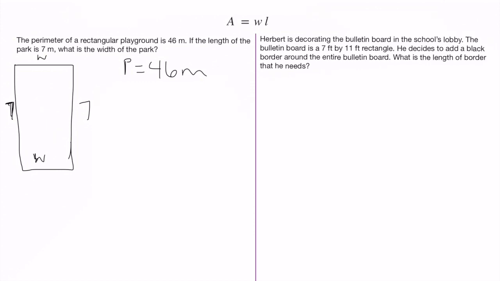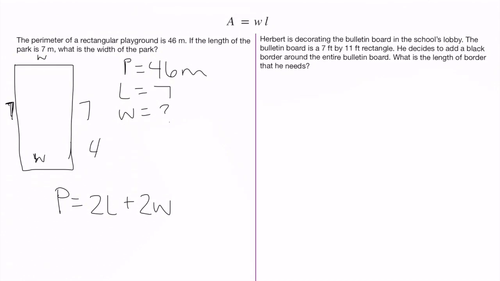So we know that perimeter is going to be length plus width plus width. So we can also say that perimeter equals 2L plus 2W. So I can plug those in. I know my L is 7, but we don't know our width.